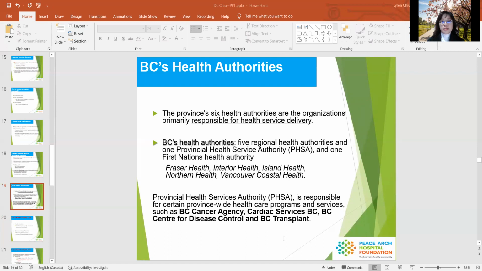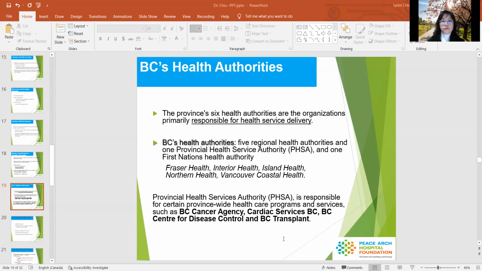We also mentioned the healthcare system is administered and delivered by BC's health authorities. The province has 6 health authorities, the organizations primarily responsible for health service delivery. There are 5 regional health authorities, which you probably hear about, for example, Vancouver Coastal Health, Fraser Health, Interior Health, Island Health, and Northern Health.